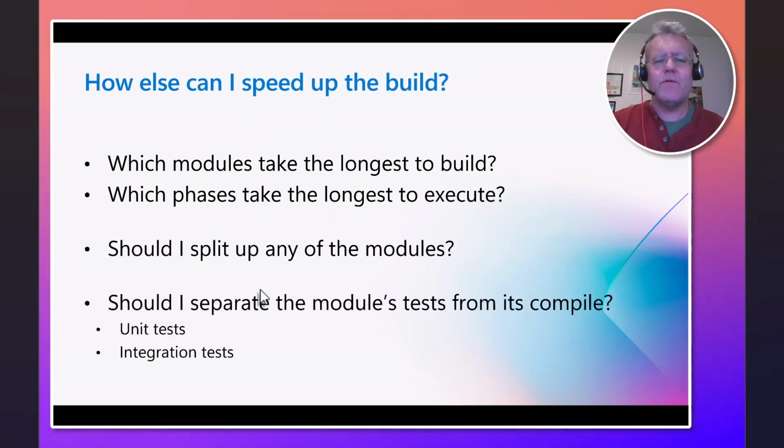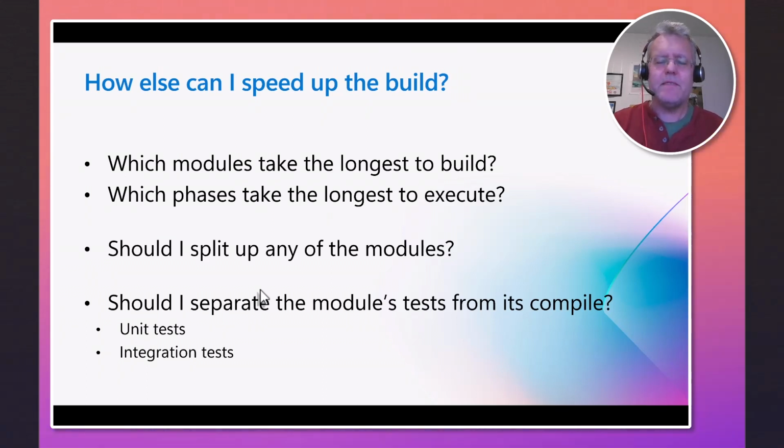And then what I also might want to think about is, should I separate out the module's tests from its compile? Now, you probably know this, but just to make it clear, if I've got module B that depends upon module A, then Maven will only start on building module B once all of the phases of module A have been completed.